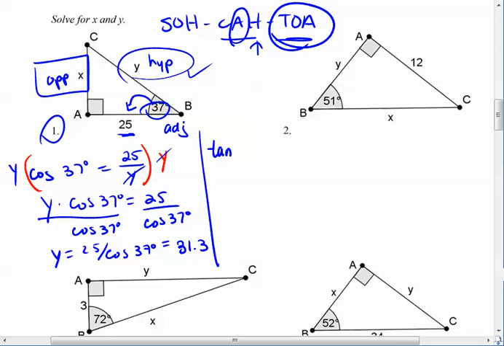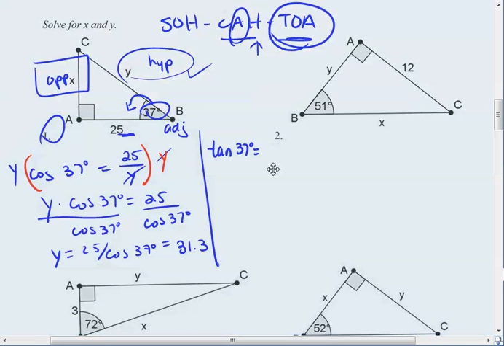So I can write tangent 37 degrees equals opposite, sorry about that, the opposite side is x, the adjacent side is 25.